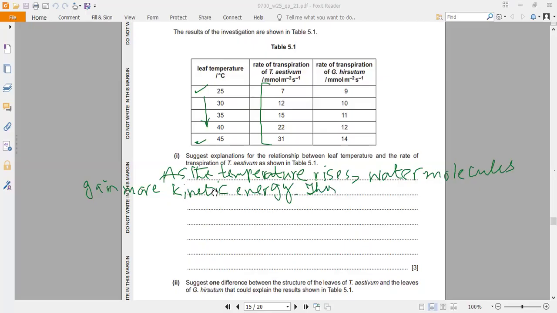This causes them to move faster and change state.